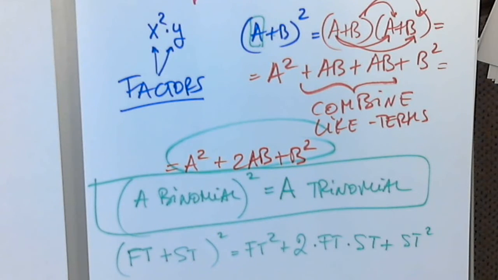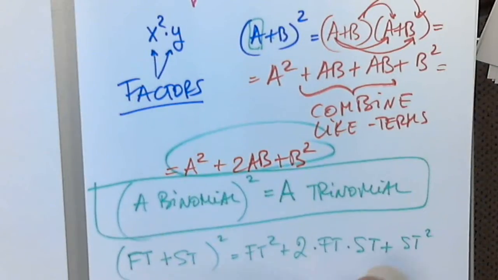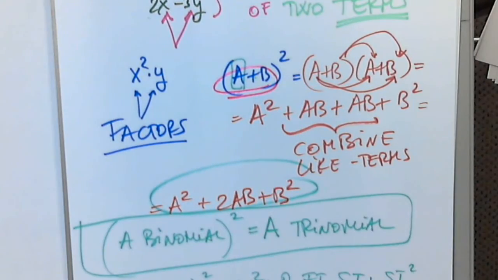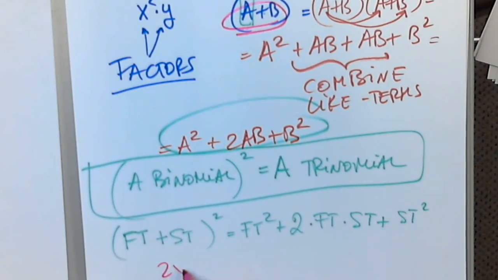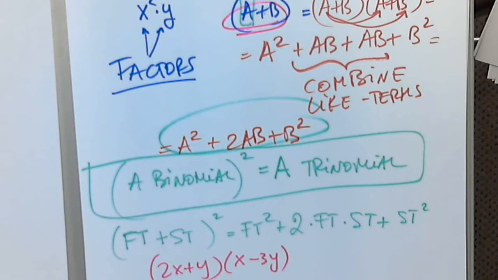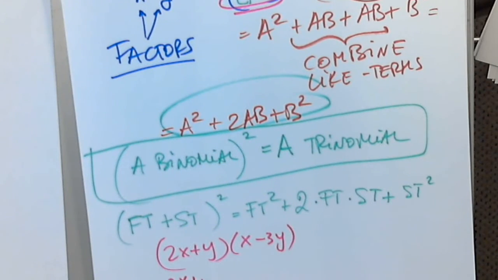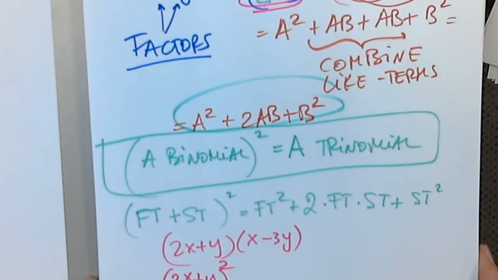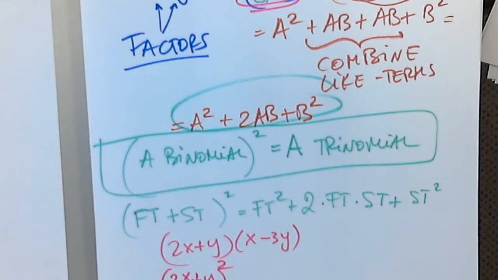Because it's not useful to FOIL. You have to FOIL when the two binomials are not the same. You have no choice. So if I have 2x plus y times x minus 3y, you have to FOIL. But not on 2x plus y squared. You shouldn't. You should move away from that.